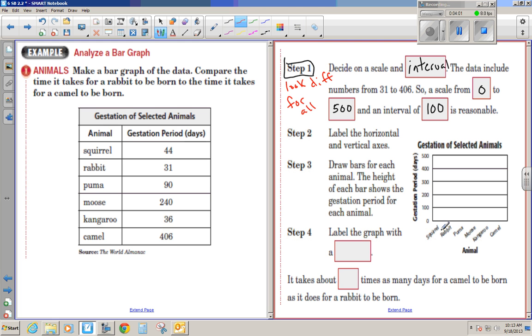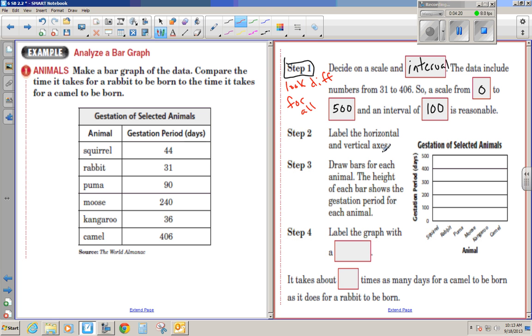And you don't even actually have to start at 0. You could have started at 30 and gone up to 410 and then done intervals of 10, 20, 30, however much you wanted. For us, though, this scale goes from 0 to 500 with an interval of 100.